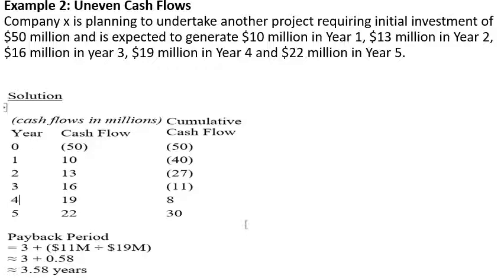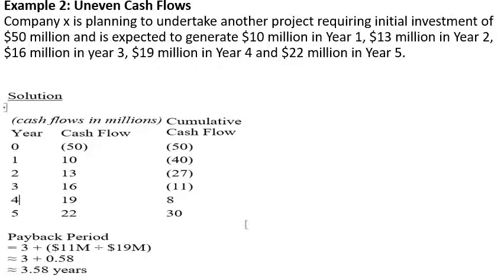And now when it comes to year 4, you can see we're no longer in negative. We got a cash flow of 19, so we clear off the 11 and then we are left with 8, that is positive. Then year 5, cash flow 22 million, so we add 22 plus 8, we come to 30.